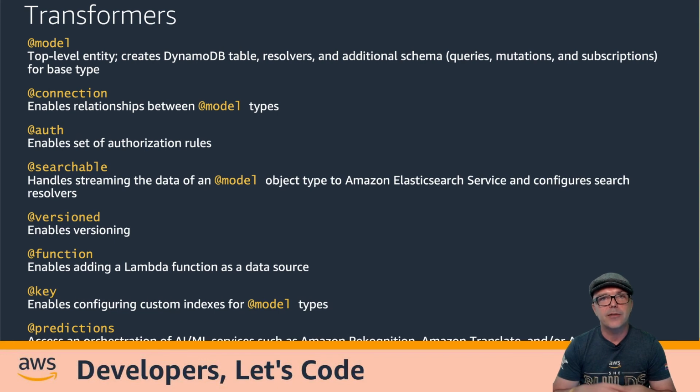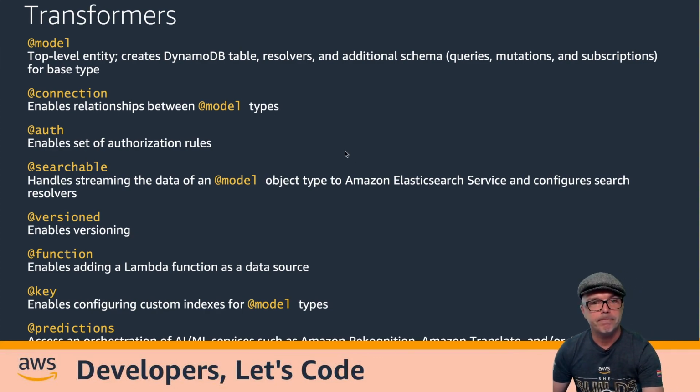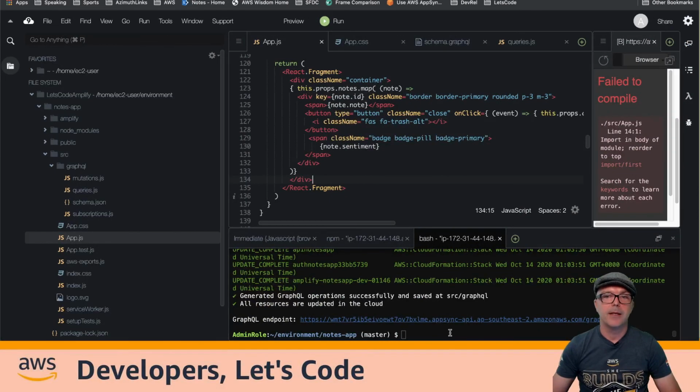And then @predictions. I mentioned earlier that we could have implemented this with a server call using the predictions category rather than the client call that we're using. You do that using the @predictions transformer. So transformers are cool, and check them out. So let's see. Oh, we're done.